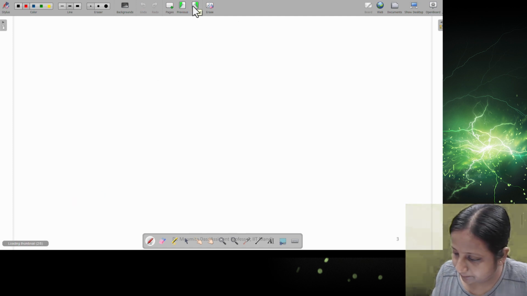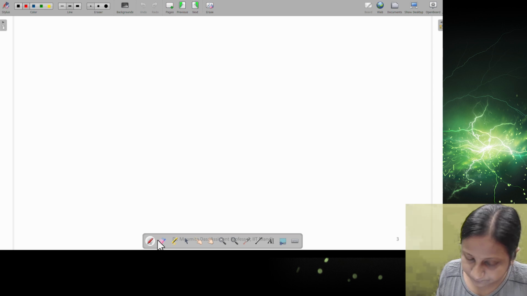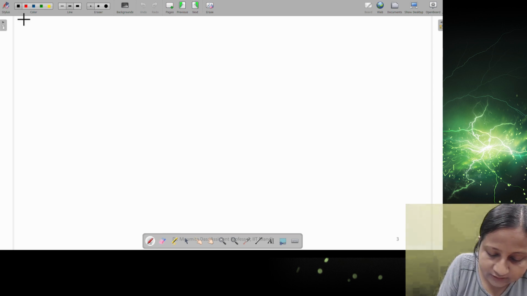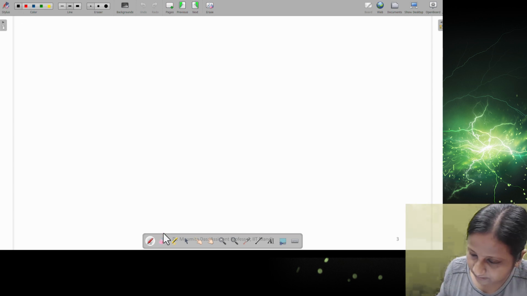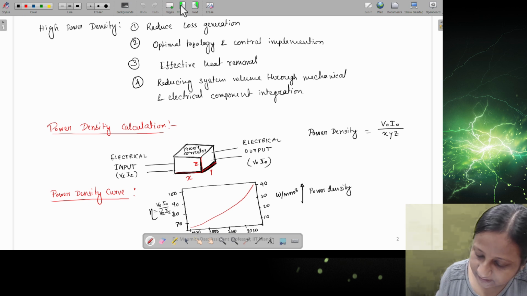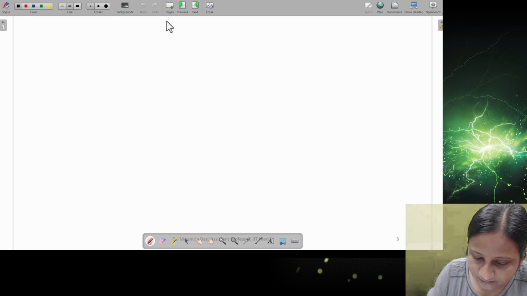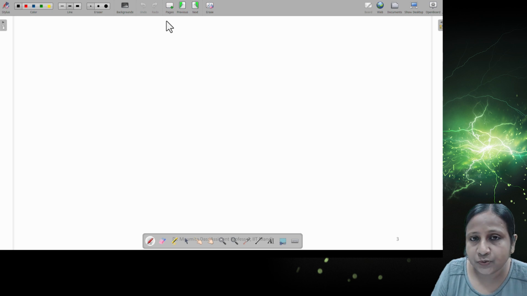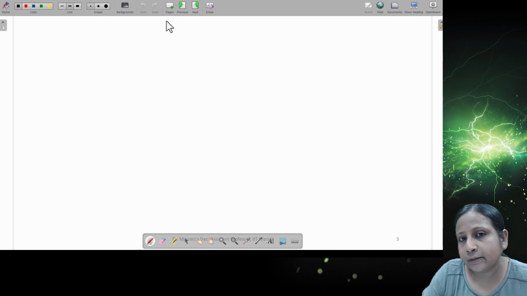So now, this black box I have shown here, you can see this XYZ. Now if I try to see the temperature difference which will happen in the converter, there will be the ambient temperature and the surface temperature of the converter.